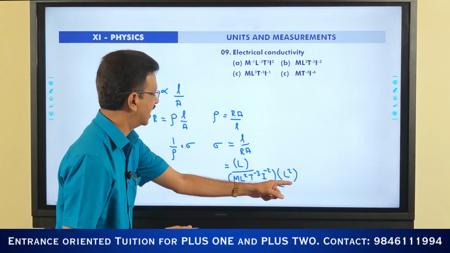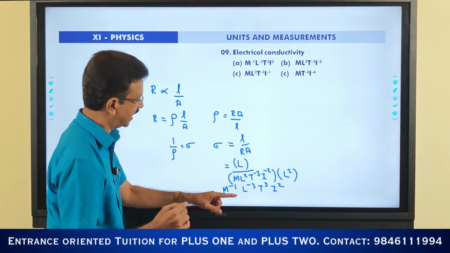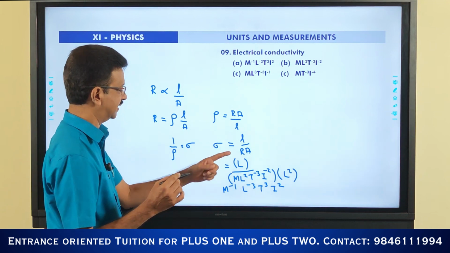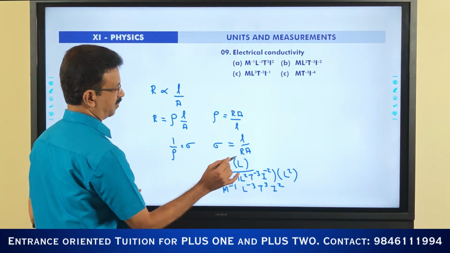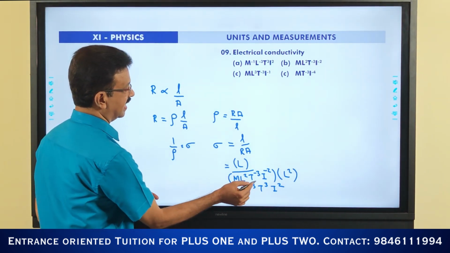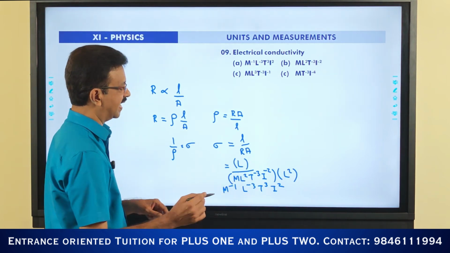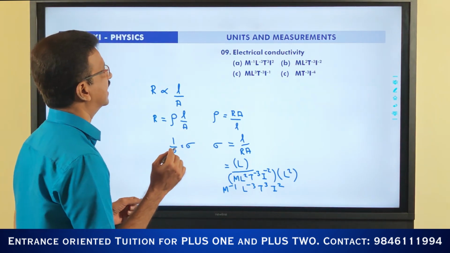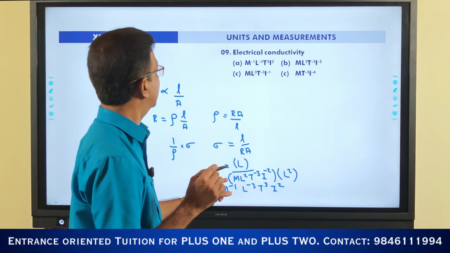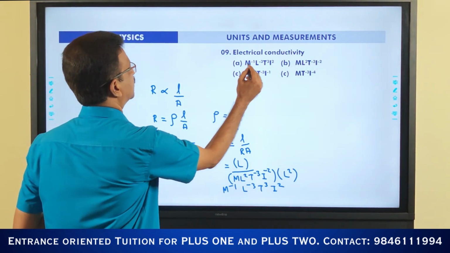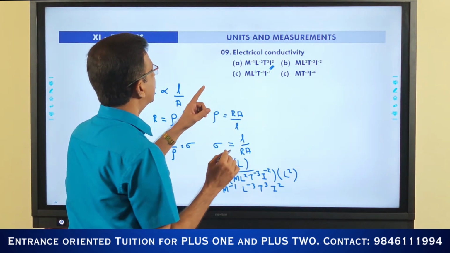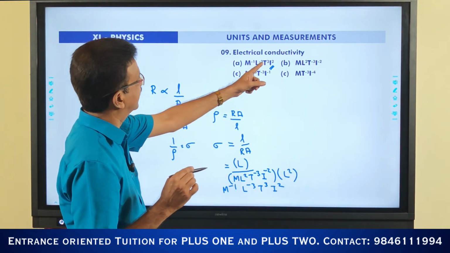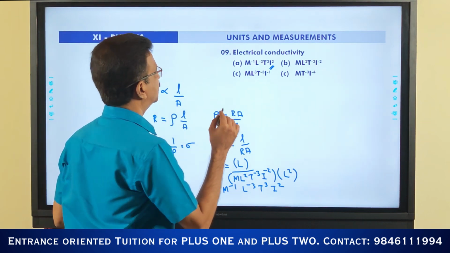M raised to minus 1, L raised to minus 3, T raised to 3, I raised to 2. This is the dimensional formula of electrical conductivity. Therefore, here the answer is M raised to minus 1, L raised to minus 3, T raised to 3, I raised to 2.